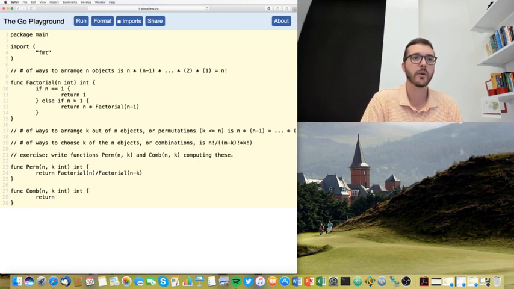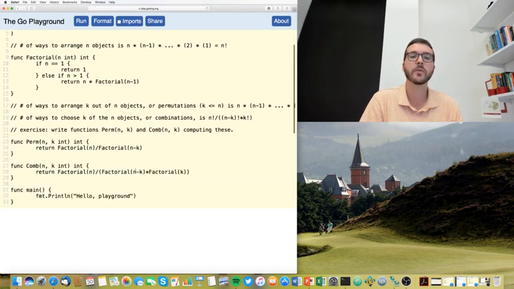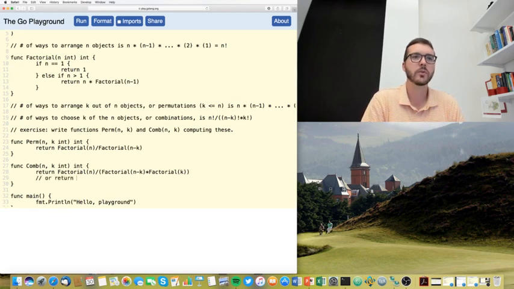So we could return factorial of n divided by factorial of n minus k times factorial of k. And we use the helper function that we've already written. You could get a little clever and just return the number of permutations, which gives us this much.